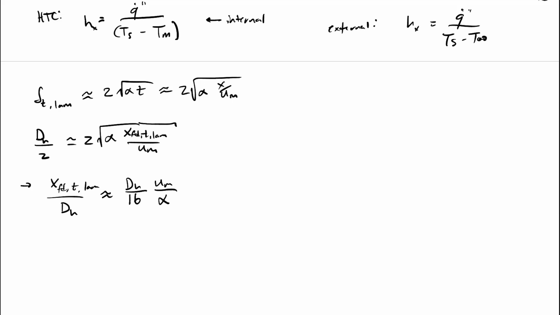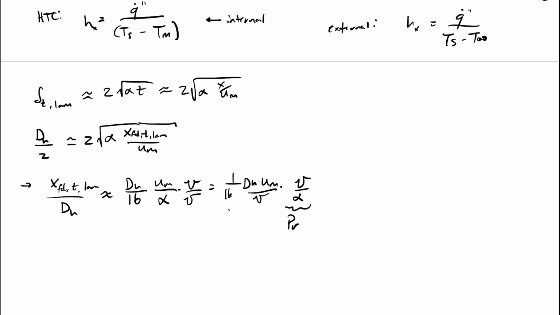To get this a little bit more useful for what we want, let's multiply by nu over nu, or kinematic viscosity. That's going to give us 1/16 D_h u_m over nu times nu over alpha. Okay, so this here is the Prandtl number.